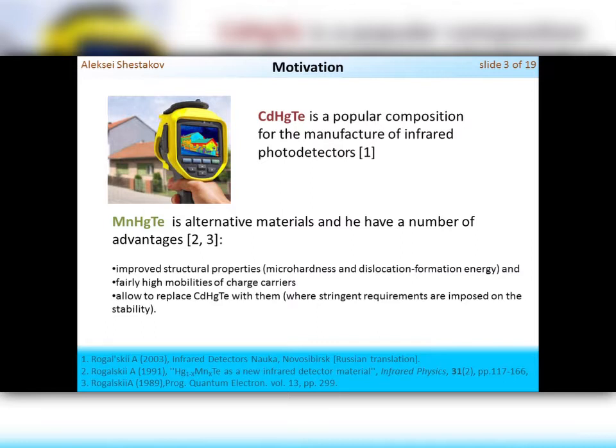These advantages include improved structural properties such as microhardness and dislocation formation energy, and fairly high mobilities of charge carriers, and eventually allow replacing cadmium mercury tellurium with them, especially in applications where stringent requirements are imposed on the stability of device parameters.